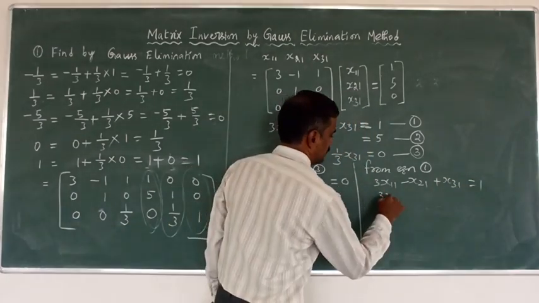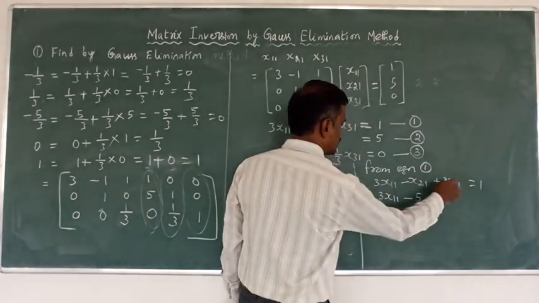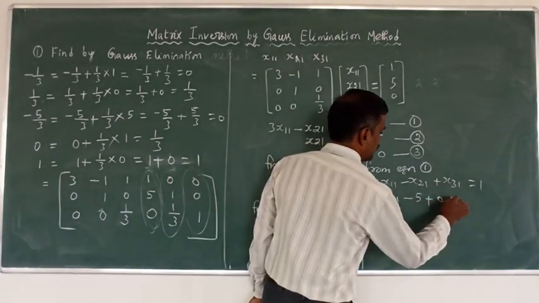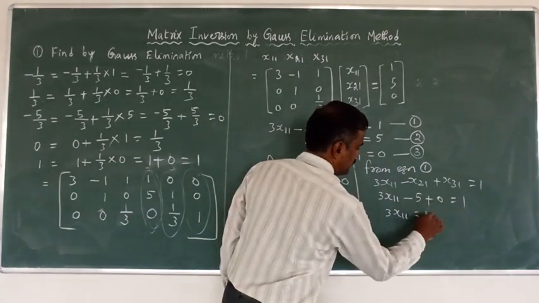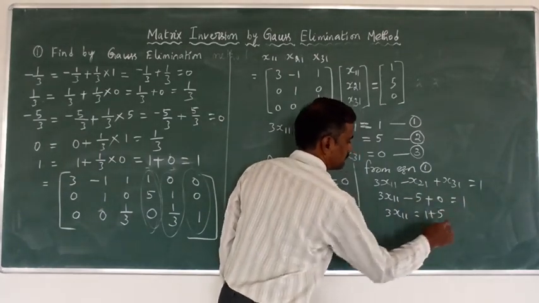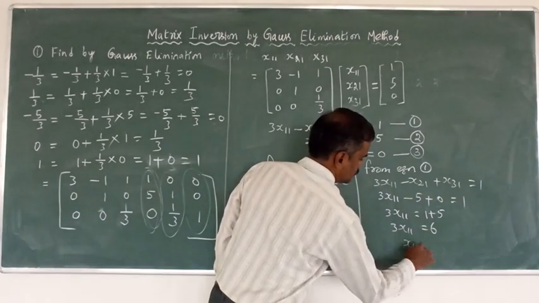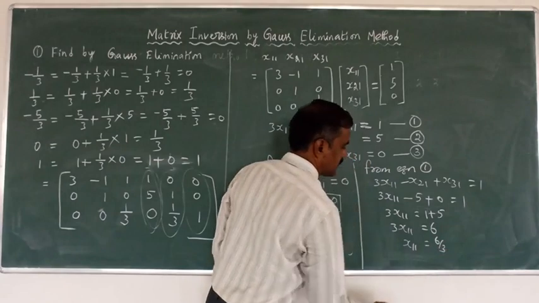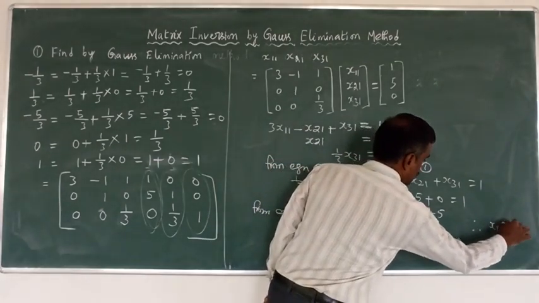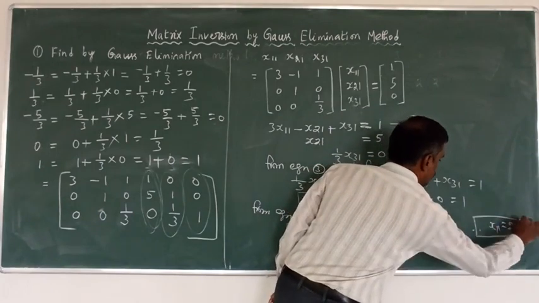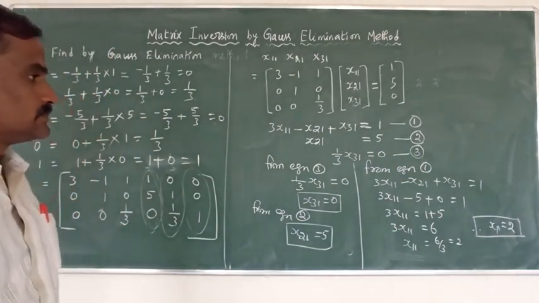Now 3 x11 minus x21 value 5 plus x31 value 0 equal to 1. Now 3 x11 equal to 1, the 5 we can take that side, plus 5. Now 3 x11 equal to 6, x11 equal to 6 divided by 3 equal to 2. So therefore x11 equal to 2.